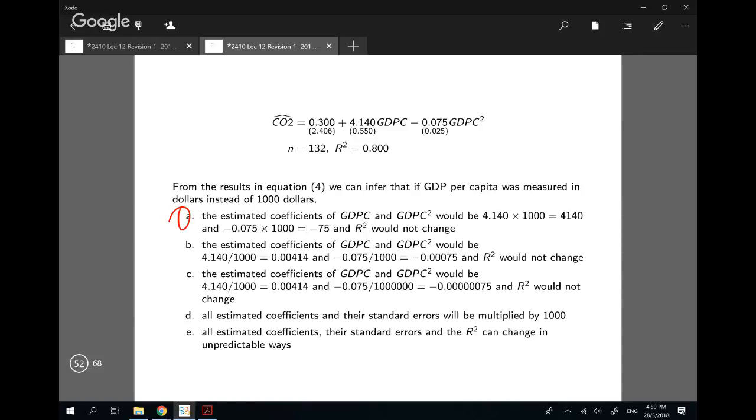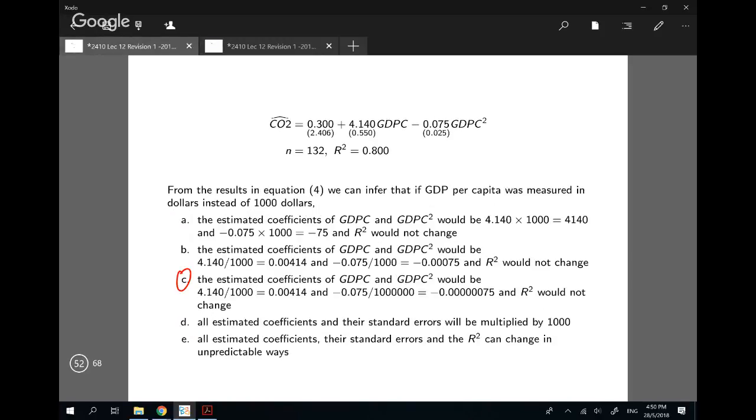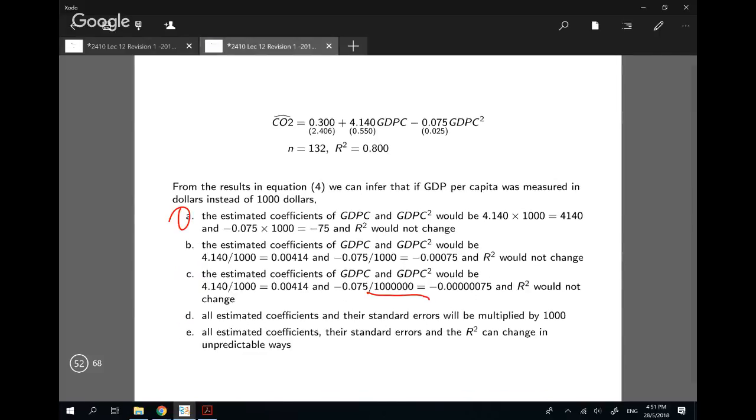Because it's GDP squared, so you have to square the 1,000 also. 1,000 squared will be 1 million. That's the only one with 1 million. Yeah, it should be C. Nice.